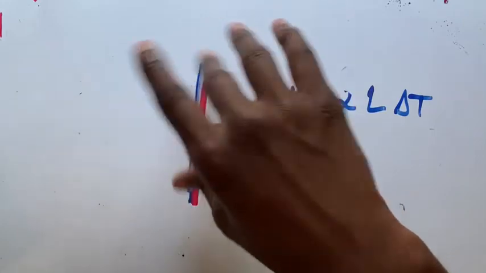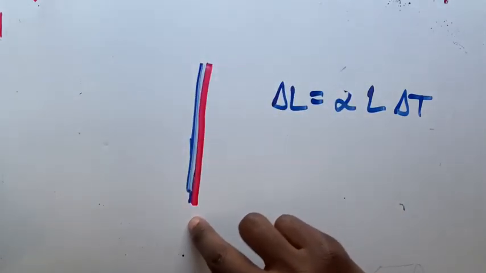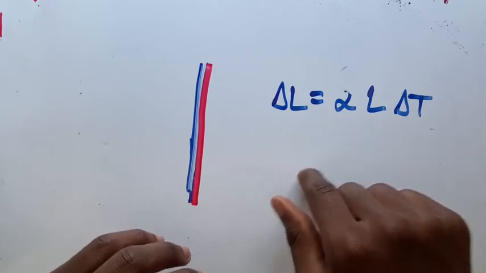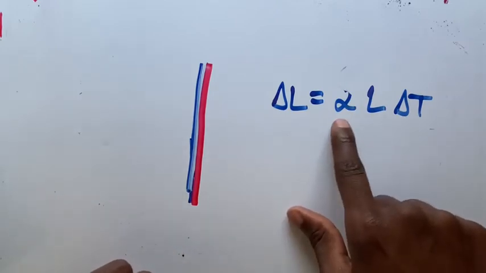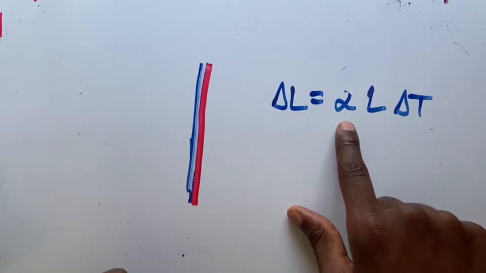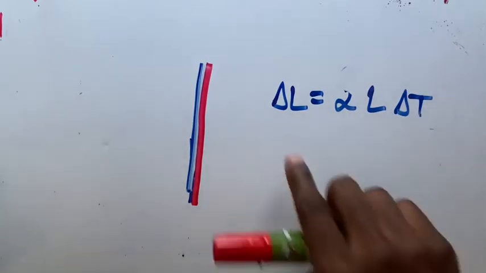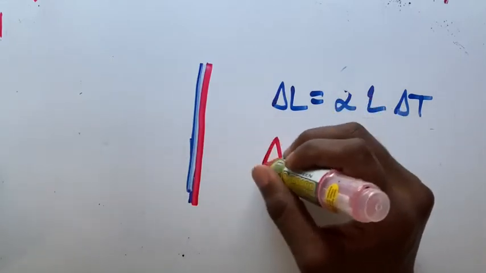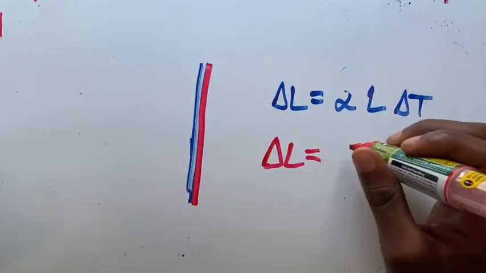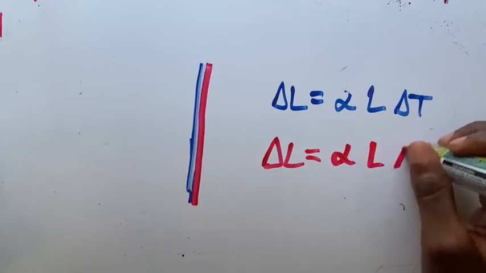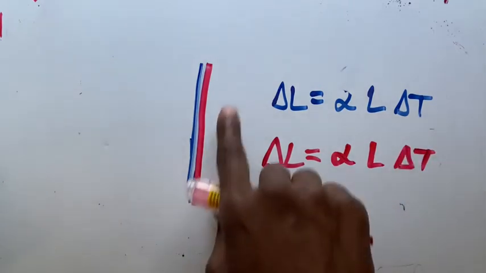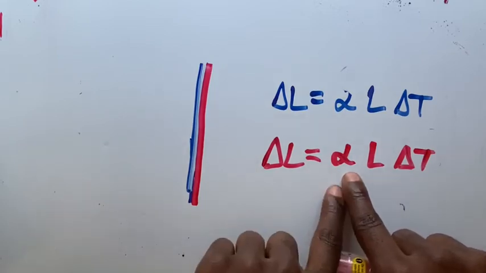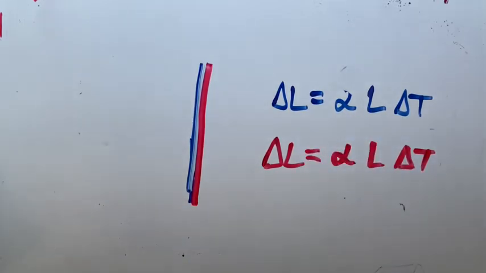So this bimetallic strip relies on the differences in the expansion of metal, which is given by this little alpha here. We would have this equation for the blue strip and the same equation for the red strip, because this alpha is going to be different for the red than for the blue.